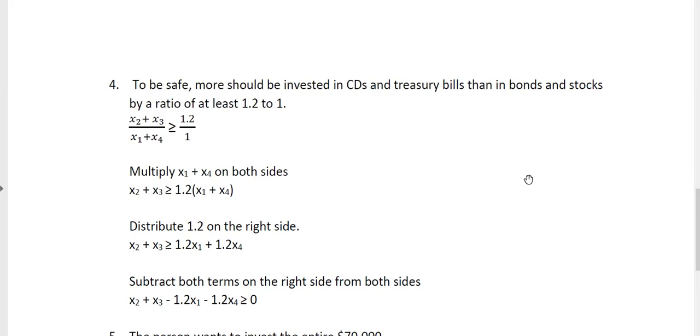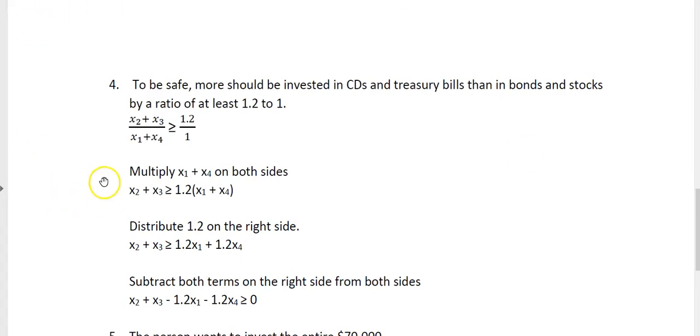So X2 plus X3 represents CDs plus treasury bills. On the bottom, bonds and stocks are X1 plus X4. Ratio means the fraction between them. At least means greater than or equal to. 1.2 to 1 means the fraction 1.2 over 1.